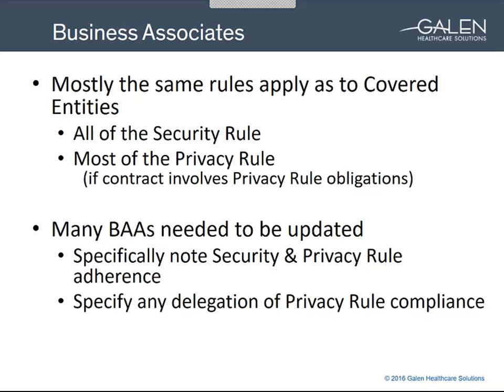On a related note, if your organization hasn't updated their BAA since 2013, it's probably a good idea to do so. The BAA format and some of the things that need to be documented were updated as part of the omnibus rule, and so you do need to go back and make sure that any outstanding BAAs you have with your business associates and subcontractors are updated and re-signed by all of those organizations.